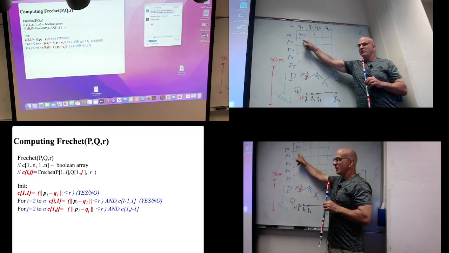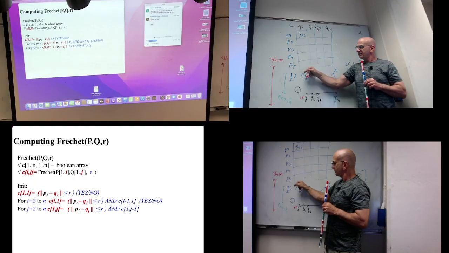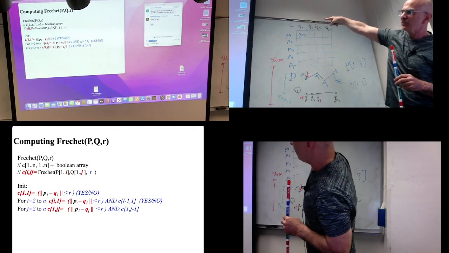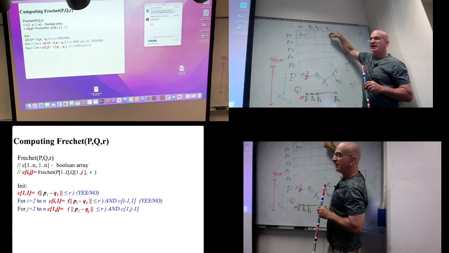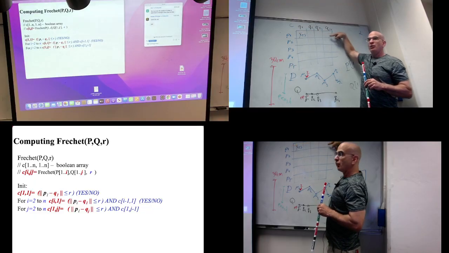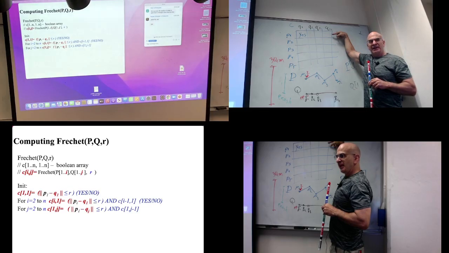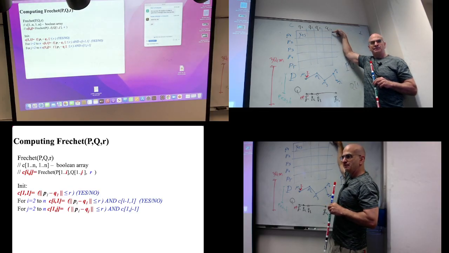So can you tell me under which condition I will write yes for the whole first row? What condition must hold for me to write yes for the whole first row?